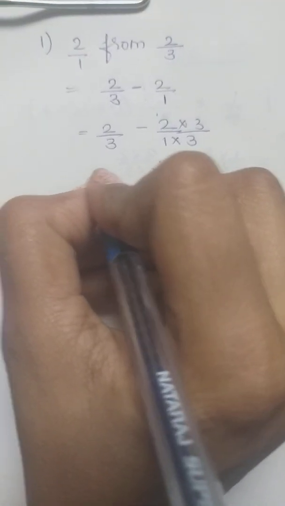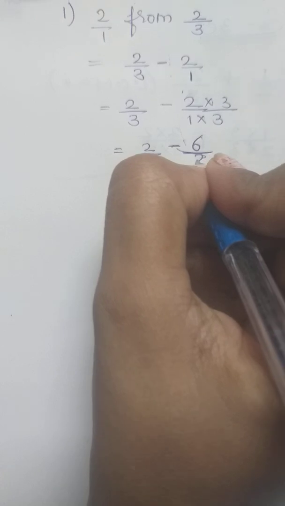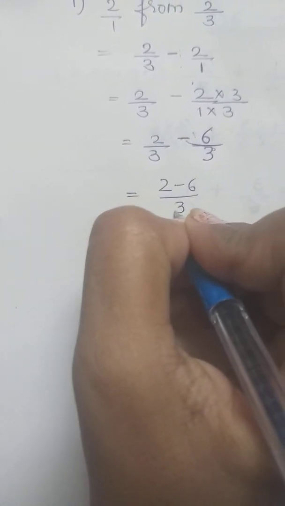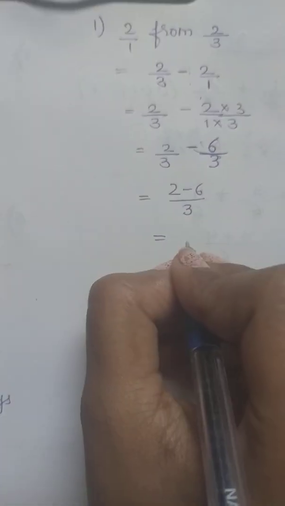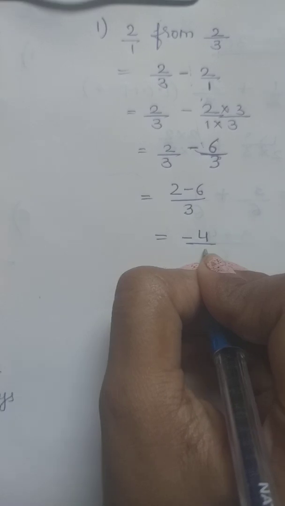Multiply both by 3. So 2 by 3 minus 2 3s are 6 by 3. So 2 minus 6 by 3. Answer will be negative. See, 2 minus 6 is minus 4 by 3.